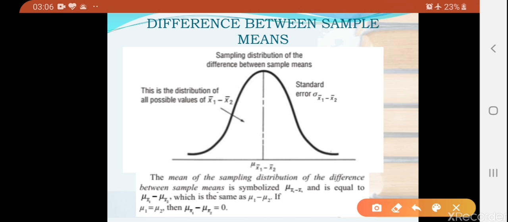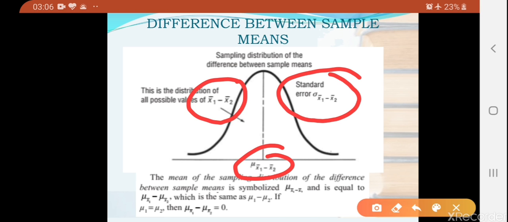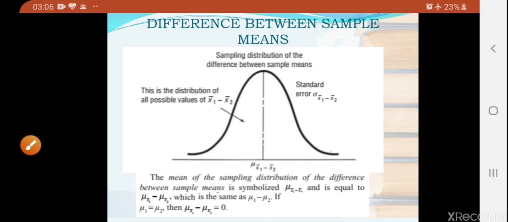So this is a sampling distribution of all possible values of the difference between the sample means of the two populations. Its mean is mu x1 bar minus x2 bar and its standard error is sigma x1 bar minus x2 bar. Like any other distribution, we can find the standard error of the difference between two means.